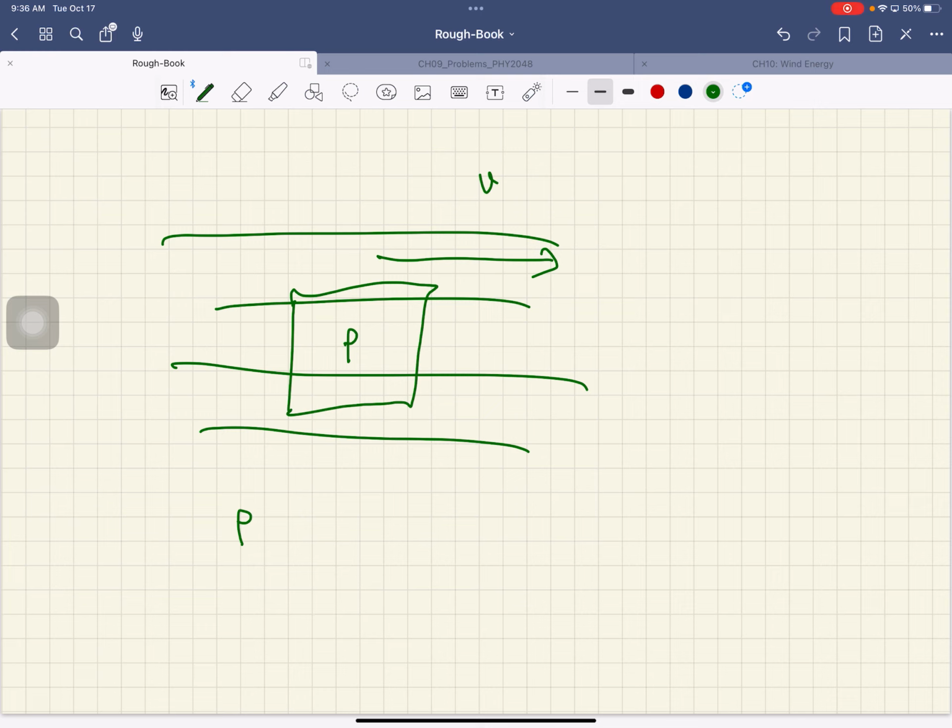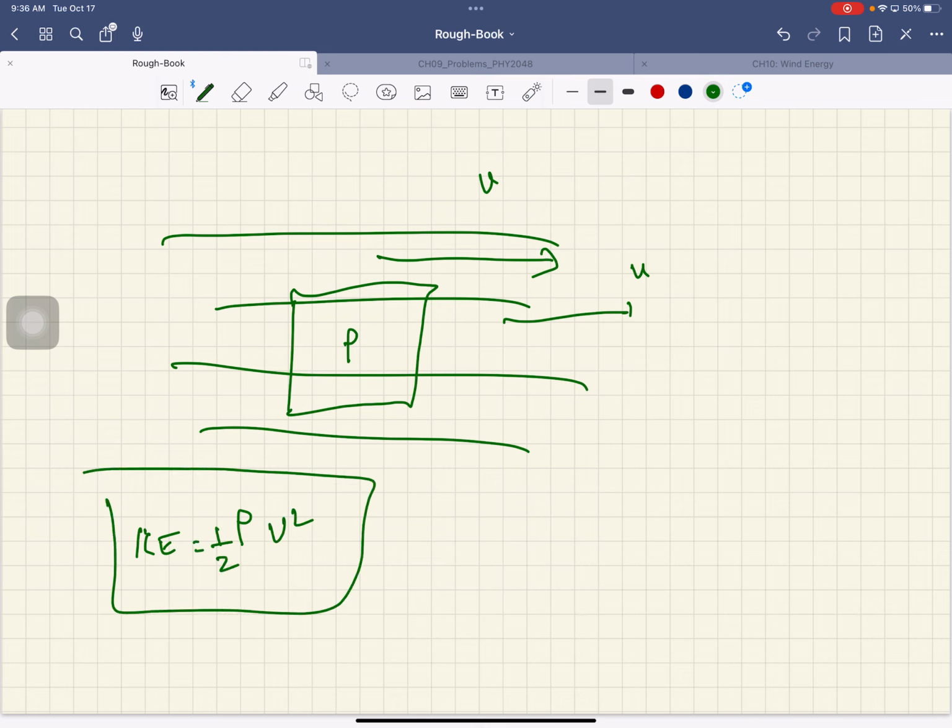That much air weighs about 2.5 pounds. When the wind is blowing at speed v, the kinetic energy contained per unit volume is 1/2 rho v squared. You don't have to remember this formula, but that's the energy contained in it.